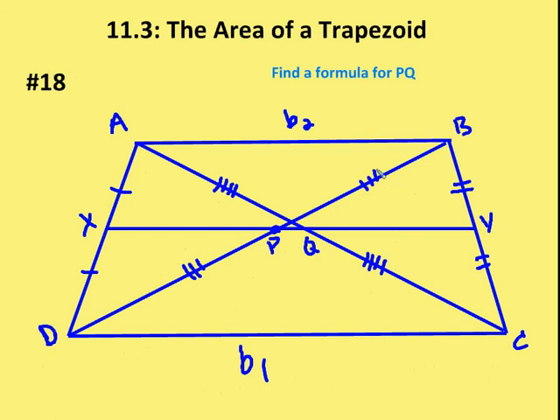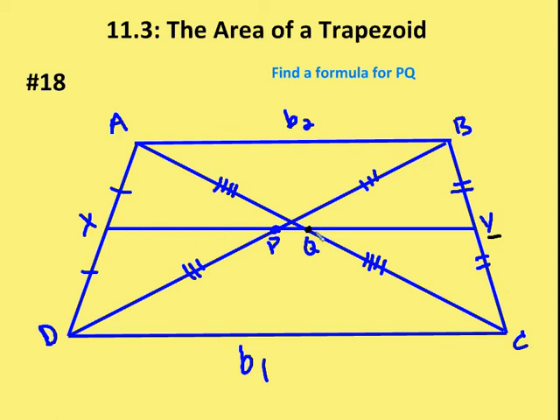In the final problem, we're asked to find a formula for segment PQ. We're also given that X is the midpoint of AD, and Y is going to be the midpoint of BC.